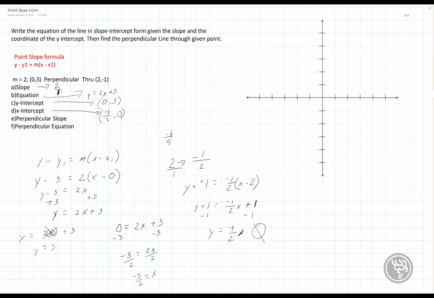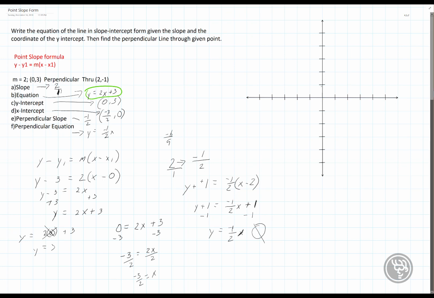So let's go ahead and draw these lines. My perpendicular slope is minus 1/2, and my perpendicular equation is y is equal to negative 1/2 x. So let's plot the first one. We know that the slope for that line is 2, and the y-intercept is 0 and 3.